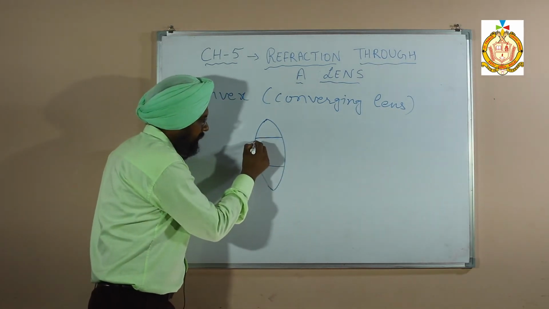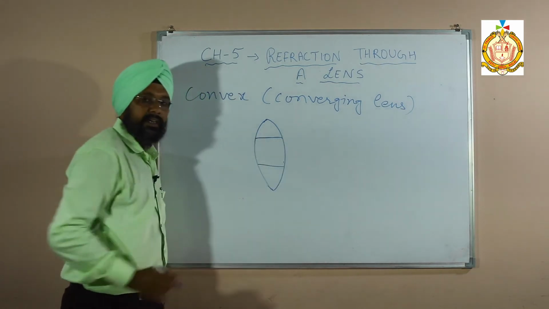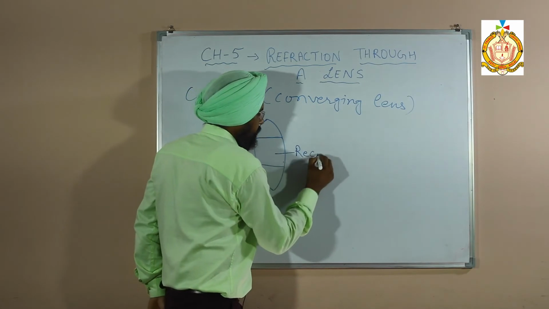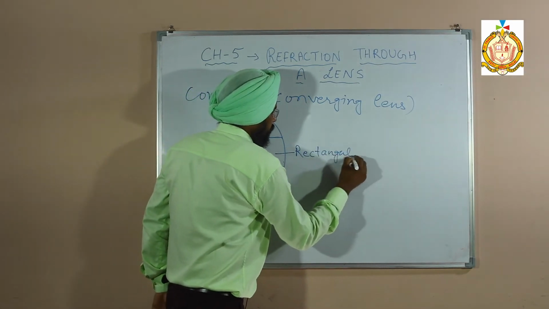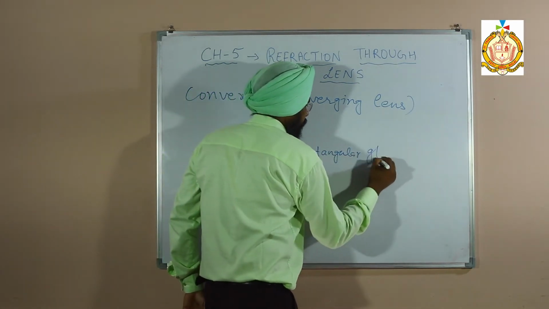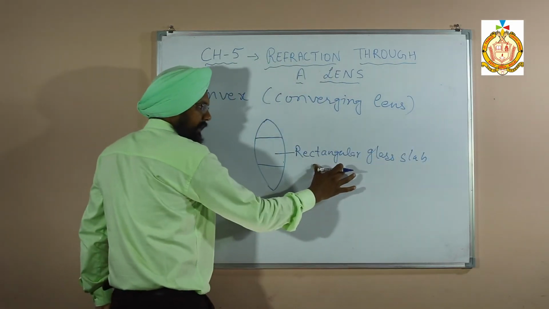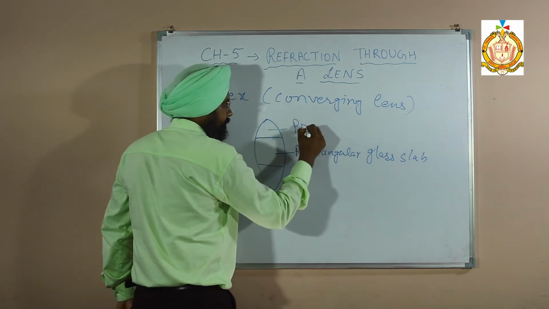And the second one, in the middle, there is a rectangular glass slab. In the previous video we discussed the glass slab and the prism.